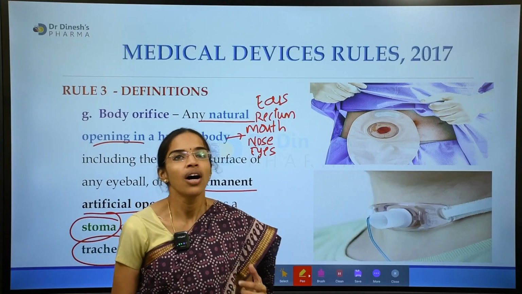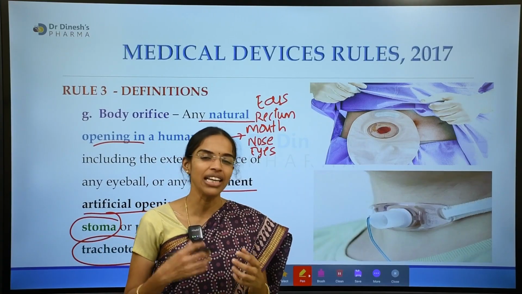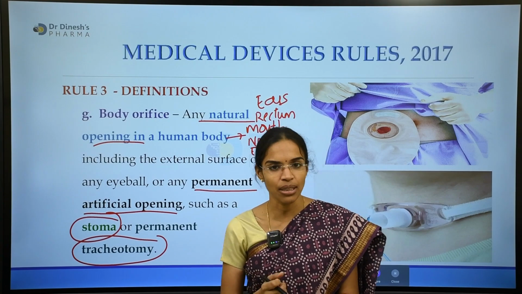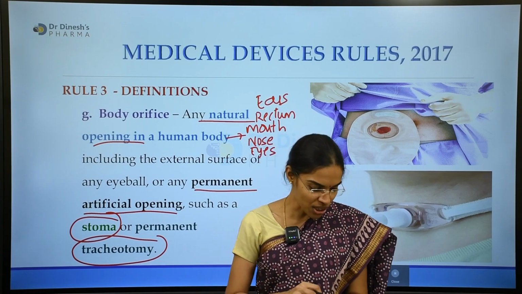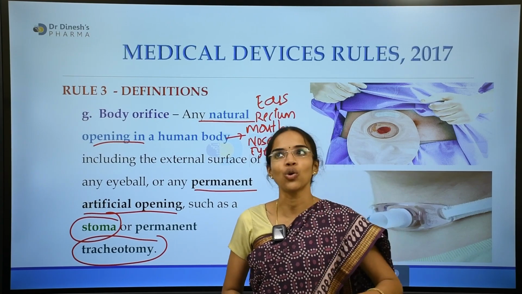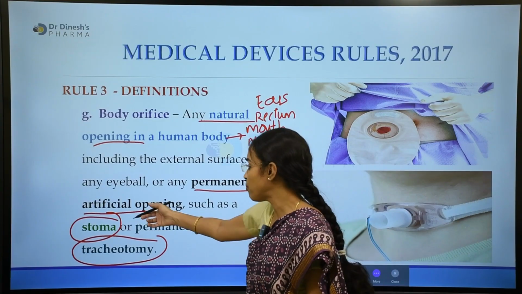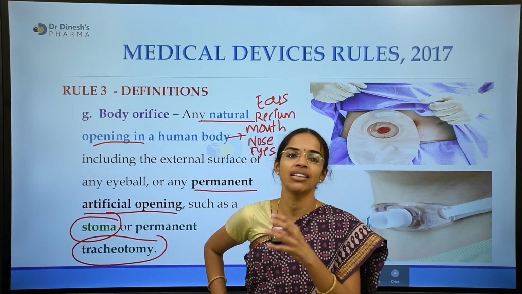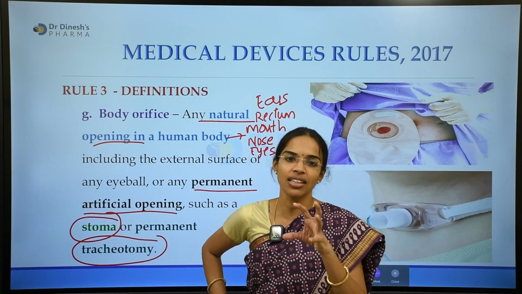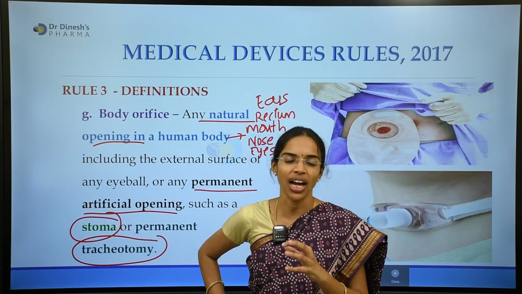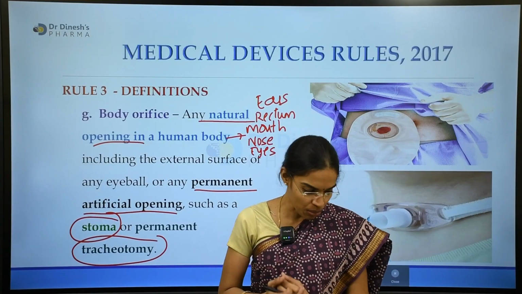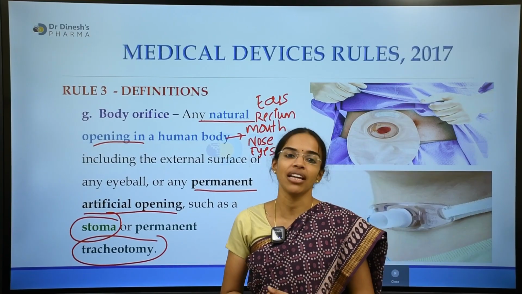We all know, in case of any ileectomy or colectomy, for the removal, there is an opening that is made. There is a permanent artificial opening made in the human body within the ileum or colon, within the GIT, to the external surface, so as to remove the digestive and urinary waste.